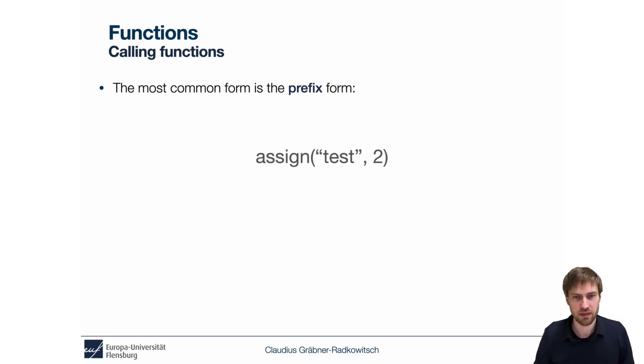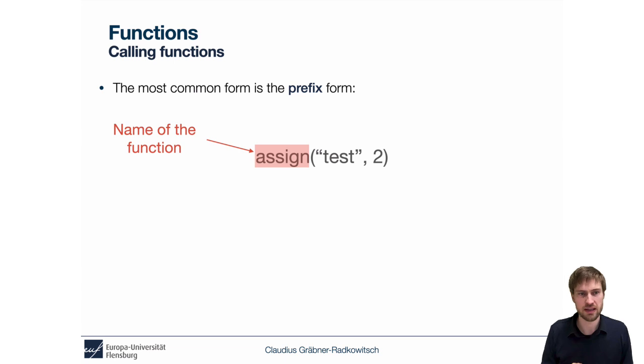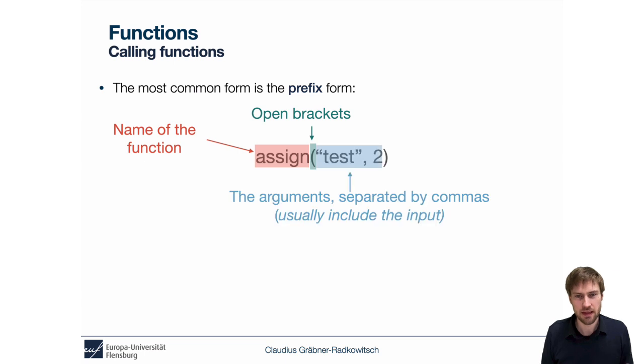So the most common form, as I already said, is the prefix form. Here's an example using the function that we already know, assign. Using a function by the prefix form basically means first to write the name of the function. The name of this function here is assign. So we call the function by writing assign, then open brackets, then pass the so-called arguments of the function within the brackets.